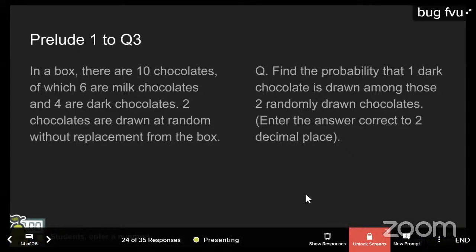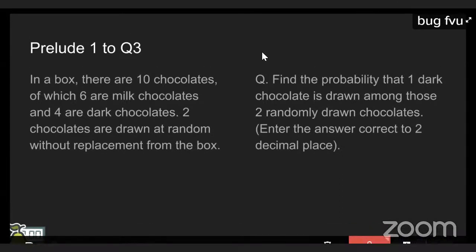Firstly, do you all know what the hypergeometric distribution is? Okay. Suppose this is my complete population, and within my population I can split it into two parts.